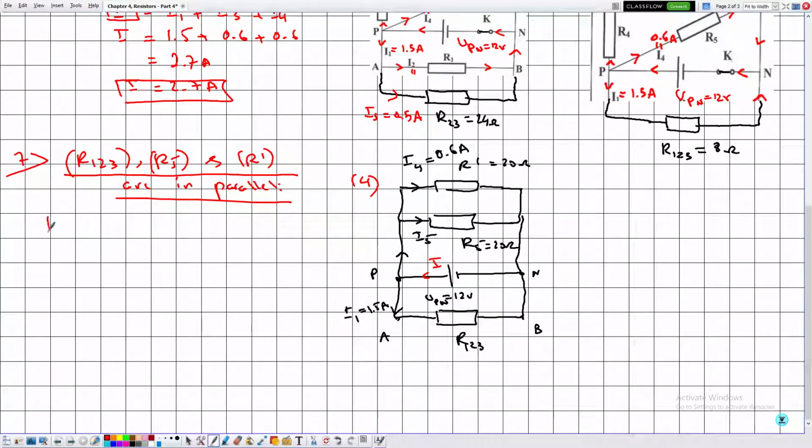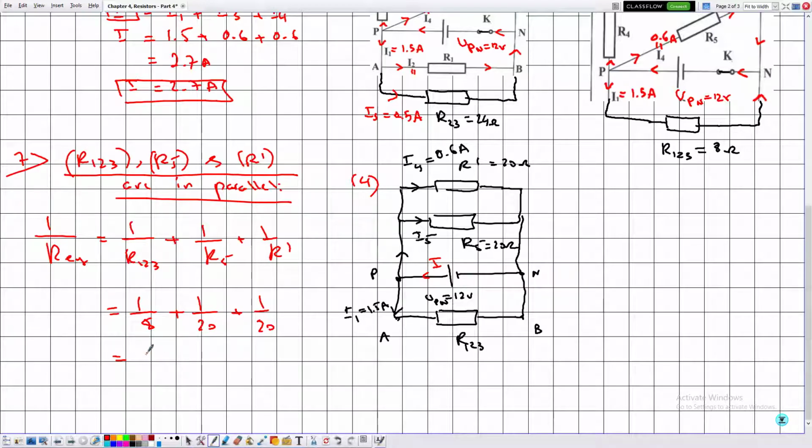Then we have 1 over R equivalent equal to 1 over R123 plus 1 over R5 plus 1 over R prime, where R123 is 8, which means 1 over 8 plus 1 over 20 plus 1 over 20.